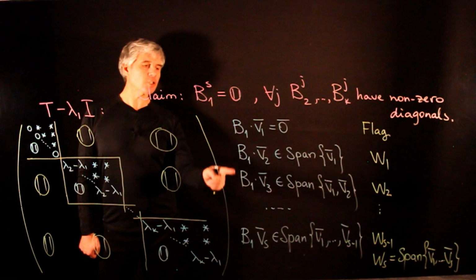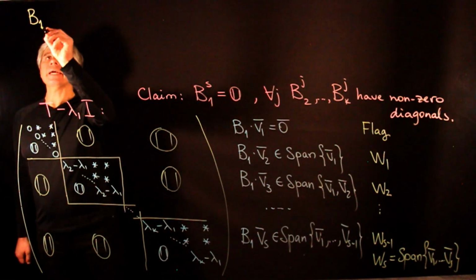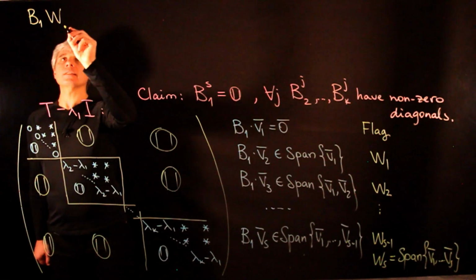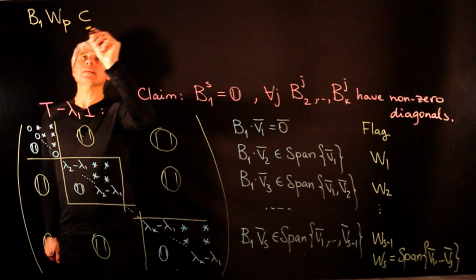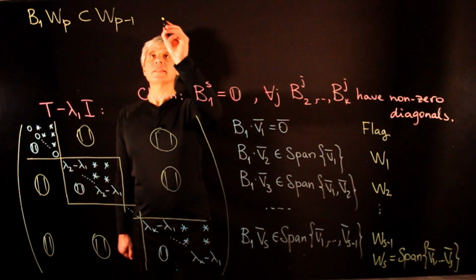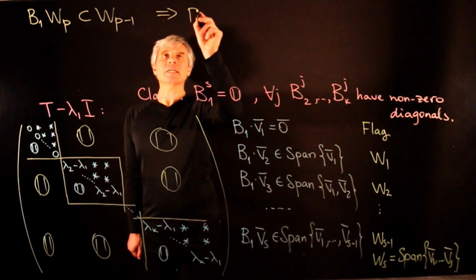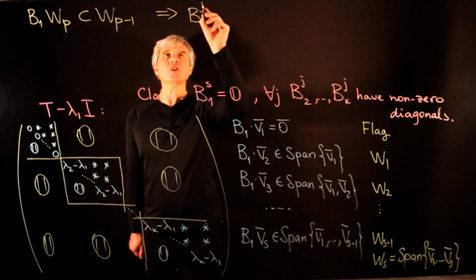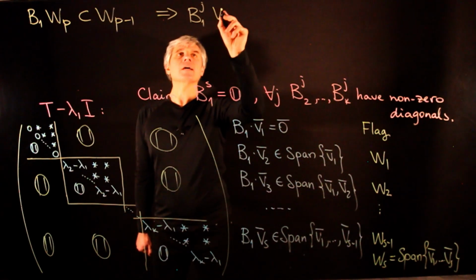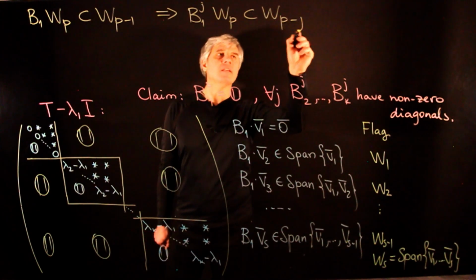Then, from the action of b1, we see that b1 acting on the space wp sends it to the space wp minus 1. Now, if we apply b1 j times, this tells us that b1 to the power of j will send wp to wp minus j.